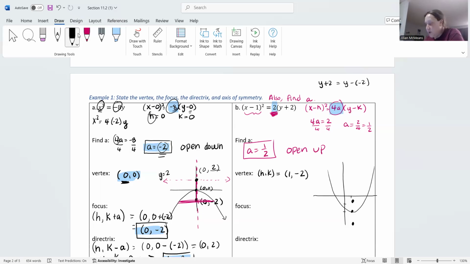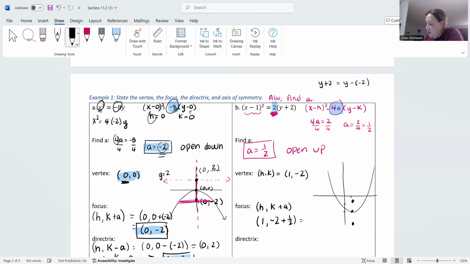Okay, so let's think about this. We know that the x coordinate isn't going to change. It's going to stay exactly the same. What is going to change is the y coordinate. So in this case, the h is going to stay the same, and then to the k value from our vertex, we're going to add a. So h is going to stay the same, and k is negative 2, and we want to add 1/2 to that.